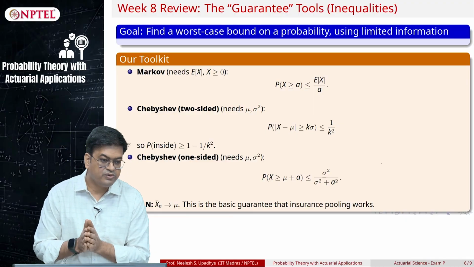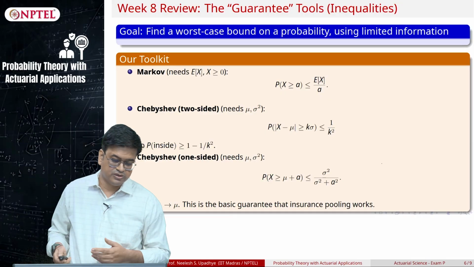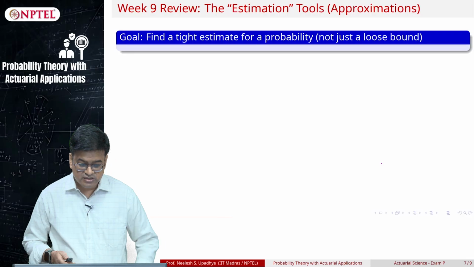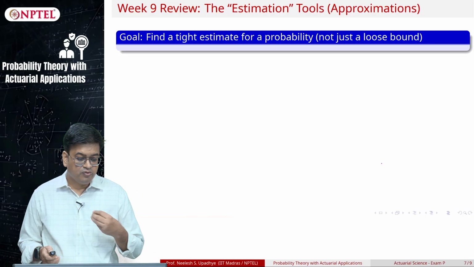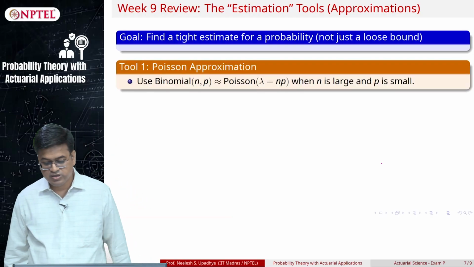Once I have this, we were able to approximate the probabilities. So now we need to go for estimation of the parameters, so estimation tools. For tight estimates for probability, the first tool is Poisson approximation.